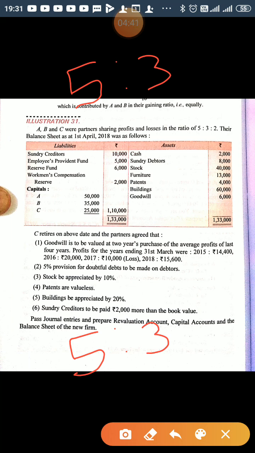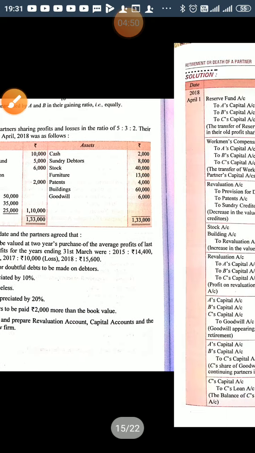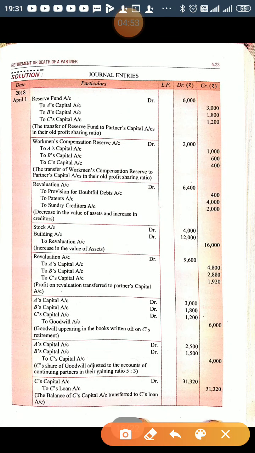So the share of goodwill credited to the retiring partner, that is C, will be adjusted by passing a journal entry: A's capital account and B's capital account debited to C's capital account, in the ratio of 5 to 3. So 4,000 will be shared by A and B in the ratio of 5 to 3, that is 2,500 and 1,500.